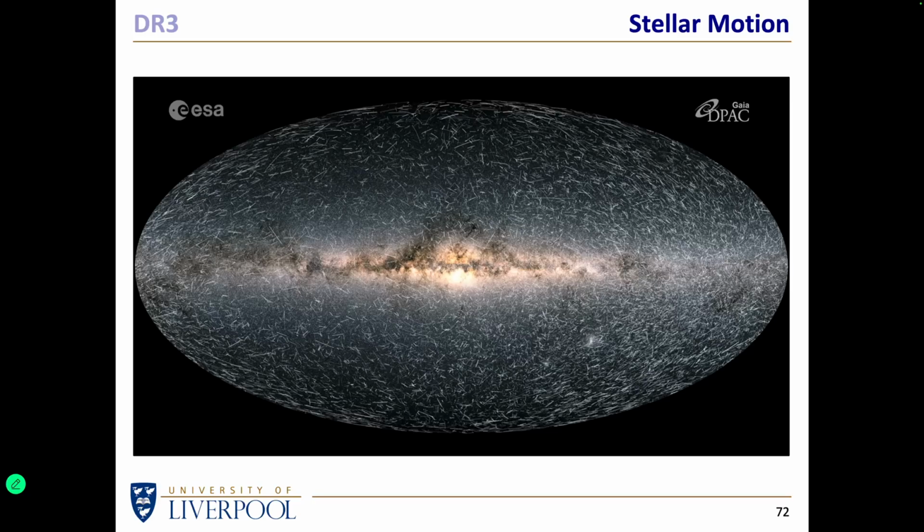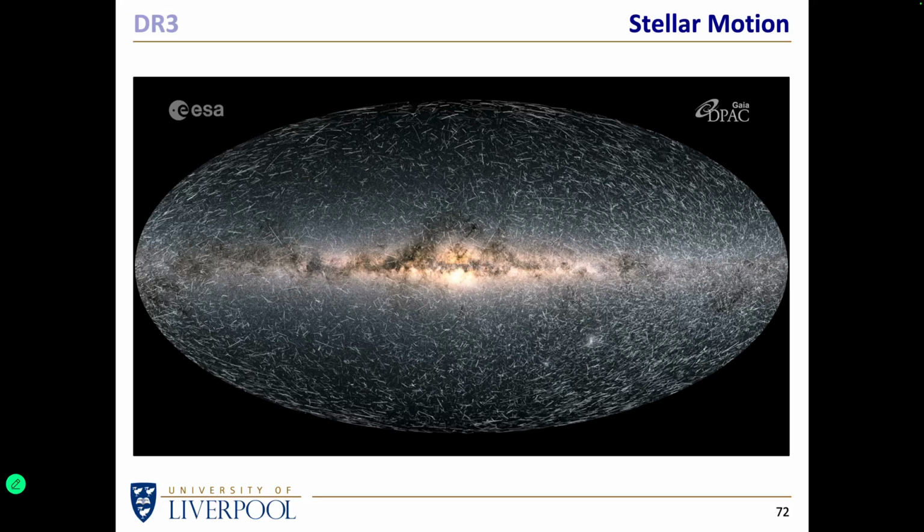Well, a lot of them are. But there are some that are moving in very odd orbits. Some of them are going backwards. Some of them are going almost in polar orbits. Some of them are on very elliptical orbits rather than very nice, sedate, almost circular orbits around the centre of the galaxy.